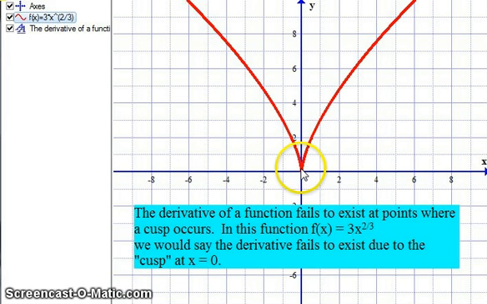The slopes of the tangent lines are actually approaching either positive or negative infinity, depending on which side you're looking at, the left side of 0 or the right side of x equals 0. So in the presence of this cusp, or this pinching where the slopes of the tangent lines become nearly infinite, we say that the derivative would fail to exist.